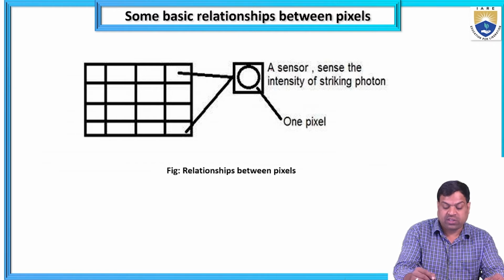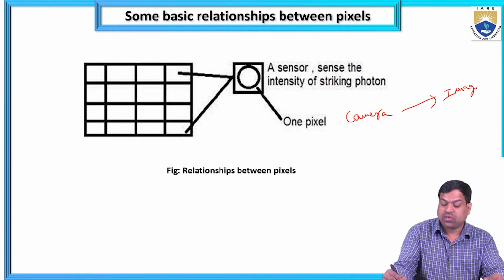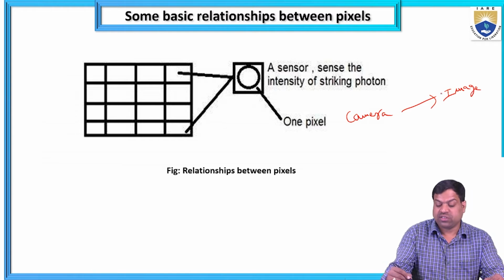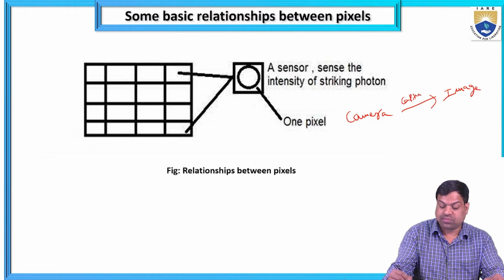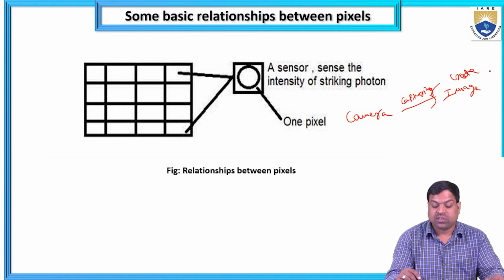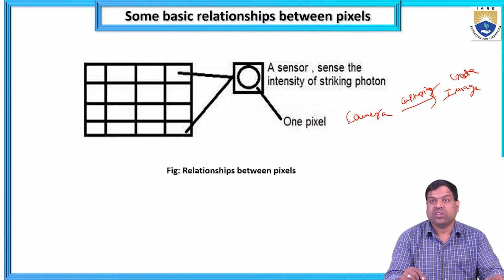Suppose it is one camera. A sensor senses the intensity of the striking photon. It is one pixel.